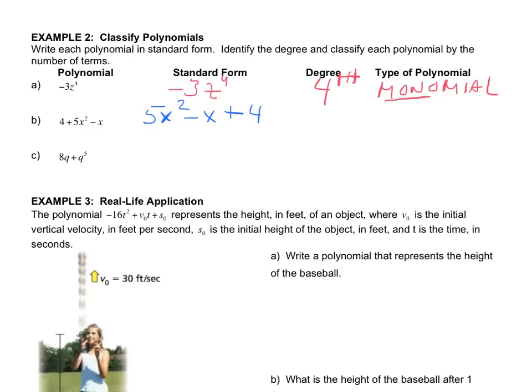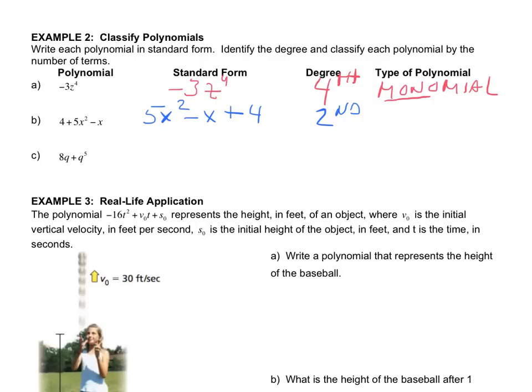So it's not minus 4 at the end, there's really a plus 4. So it's 5x squared minus x plus 4. Now, we have to look at each monomial of this polynomial to decide the degree of the polynomial. Well, 5x squared is the highest degree. It has a second degree, so this is going to be the second degree of the polynomial.